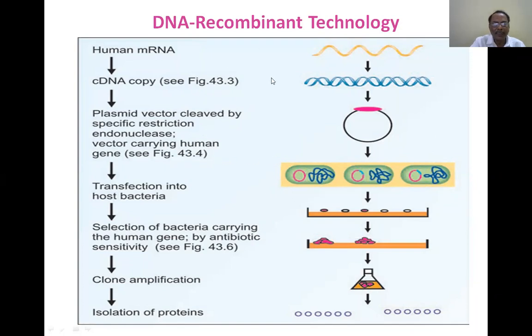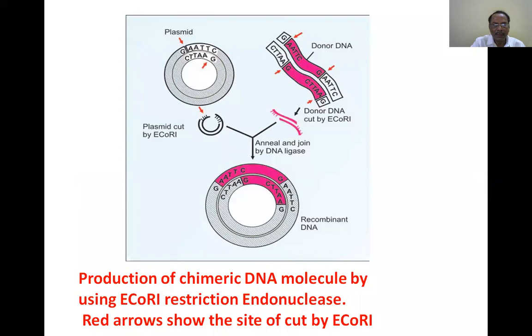This is recombinant technology. Parallel to this, to synthesize proteins, there is another technology called monoclonal antibody technology. In this technology also, some needed antigen can be introduced into continuously growing cell lines, as they say.